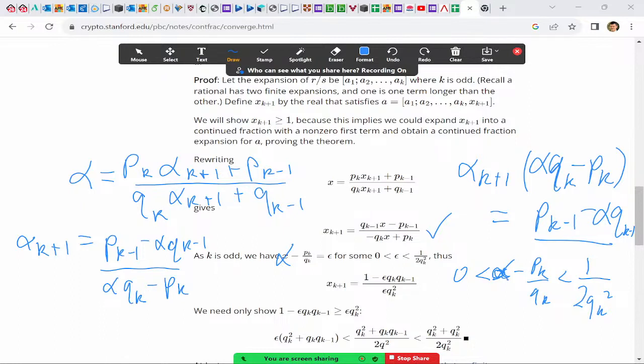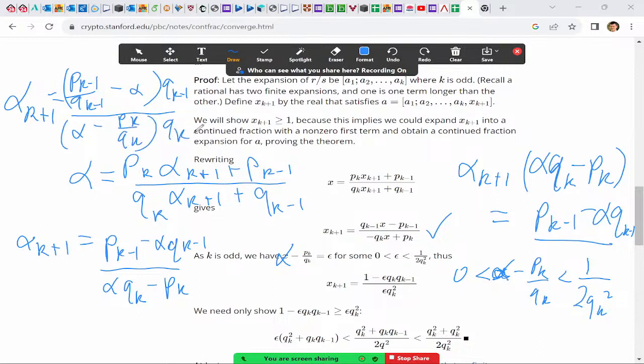And then you get out the q_k's and the p_k's, and you get alpha_{k+1} equal to p_{k-1} on q_{k-1} minus alpha, over alpha minus p_k on q_k.